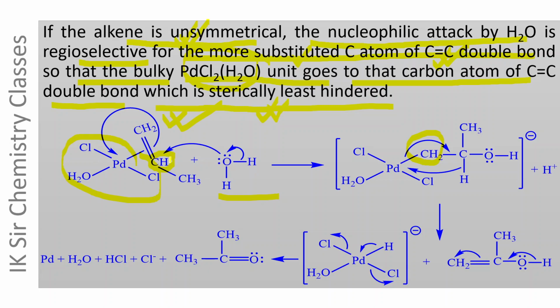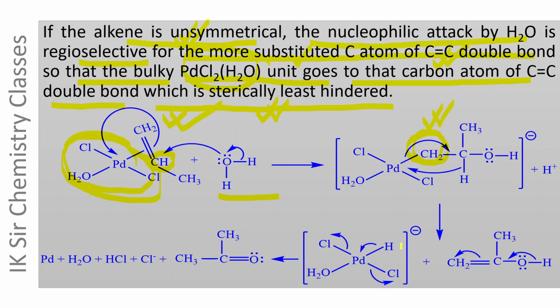H2O attacks the more substituted carbon atom of the carbon-carbon double bond of alkene coordinated to metal, so that this bulky group PdCl2H2O goes to that carbon atom of the carbon-carbon double bond which is sterically least hindered.